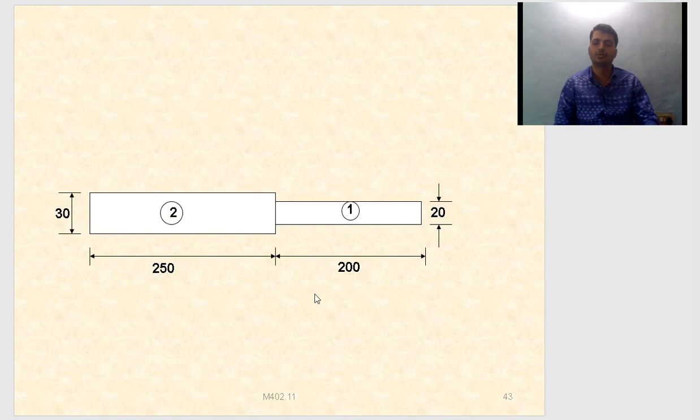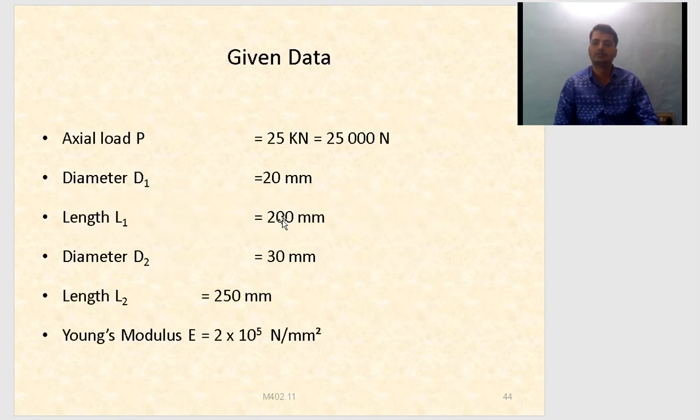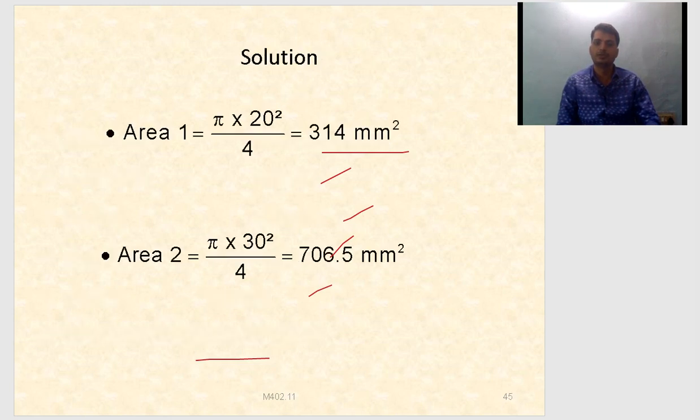Rod 1 is 200 mm, the diameter is 30. They are given a load of 25 kilonewtons. Similarly, we have diameter 1, diameter 2, length 1, length 2. What we have to find out is the change in length, and we need to find the stress.